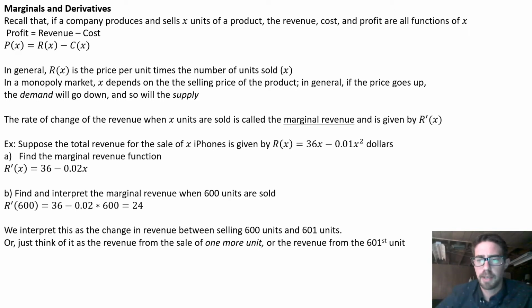The way to think about this is the change in revenue, the difference between selling 600 units versus 601 units. So just think of it as the revenue if you were to sell one more. Since R prime of 600 is 24, the revenue you get from selling the 601st unit is approximately $24.